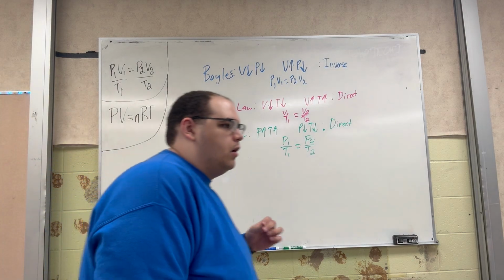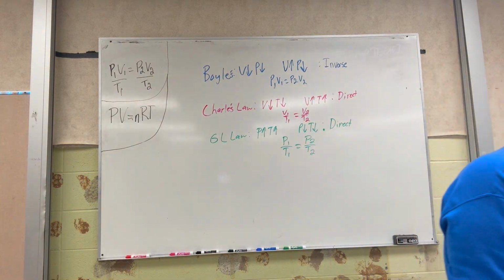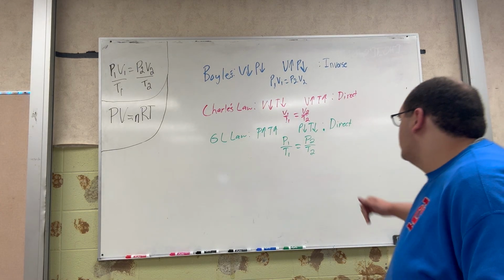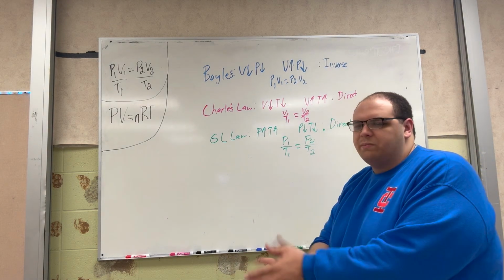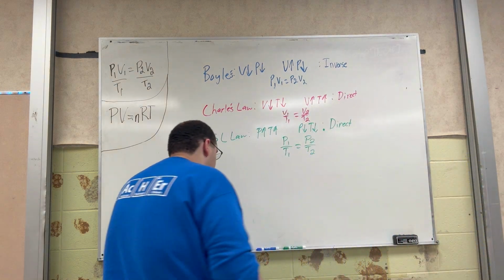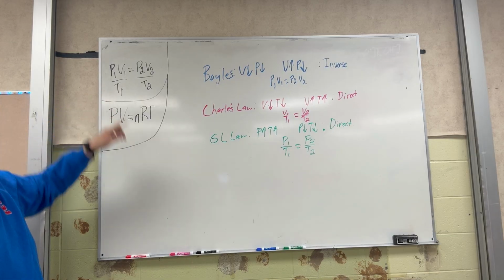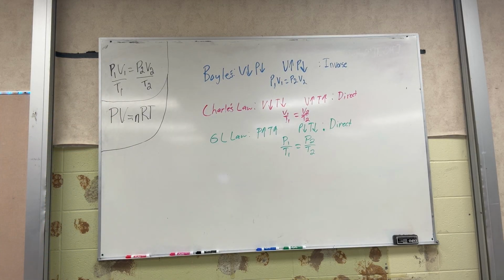Instead of remembering all three of those, there's an easy way to use them together, and it's called the combined gas law. The combined gas law takes this guy, gets this guy, smashes them together, and becomes this guy. P1 V1 over T1 equals P2 V2 all over T2.